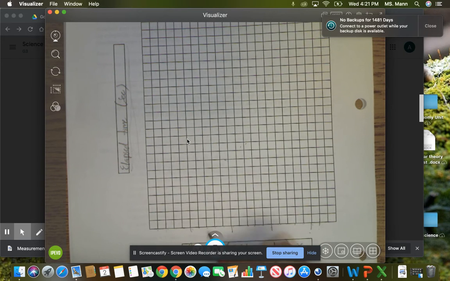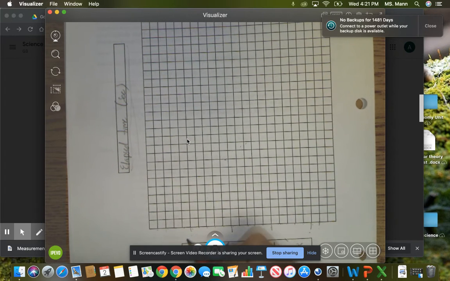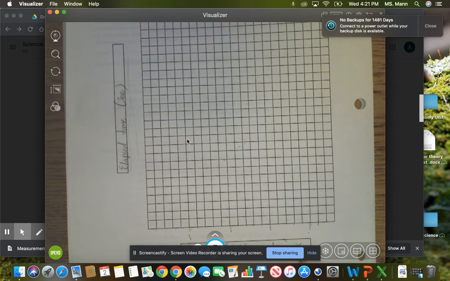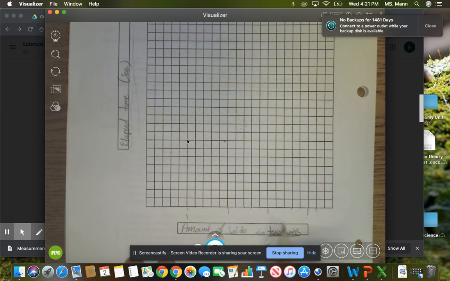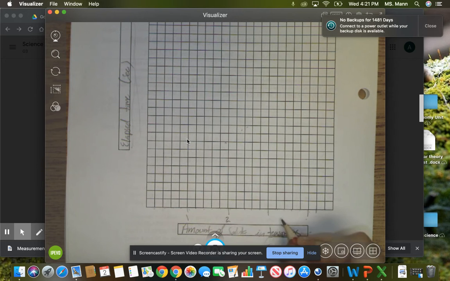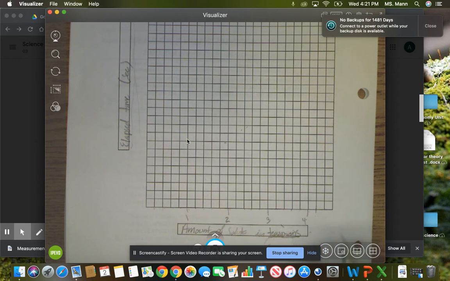That's going to give you your intervals. So your first one is going to be 1 teaspoon, and you don't need to rewrite the units because you already have them in here. Remember, we are doing amount of solute in teaspoons, not grams. Okay, I made a mistake when I said that earlier. It's teaspoons. So you got 1, 2, 3, 4.